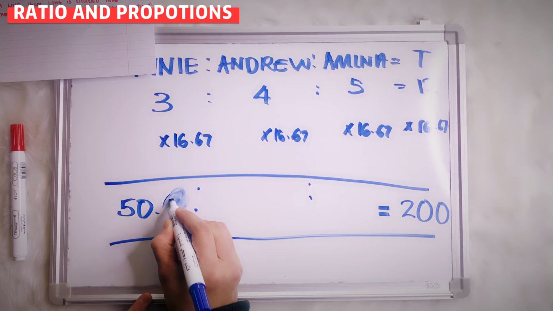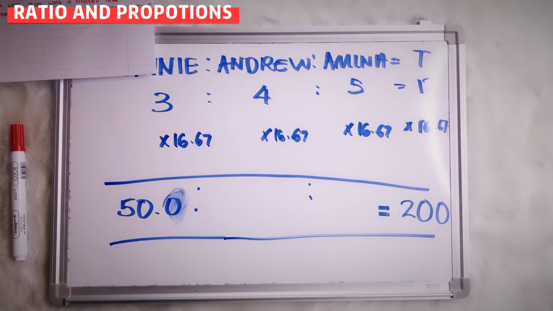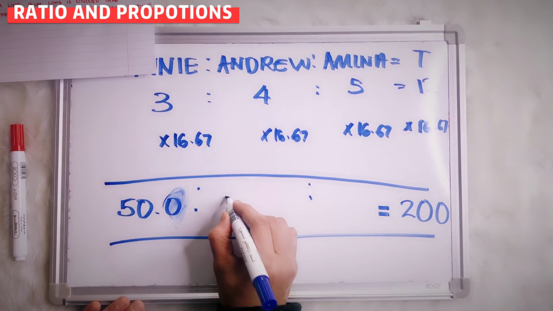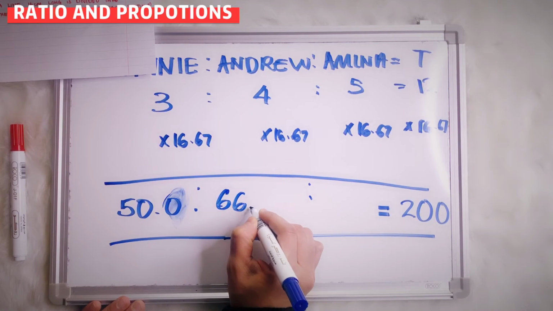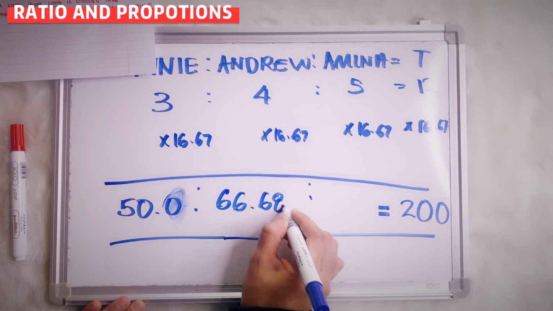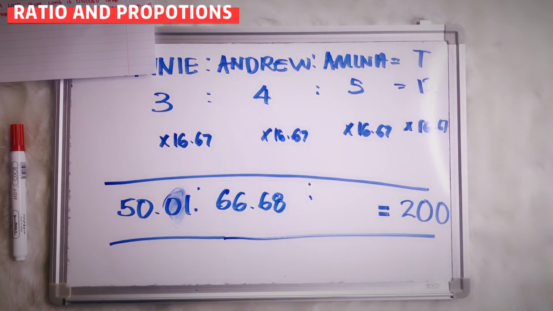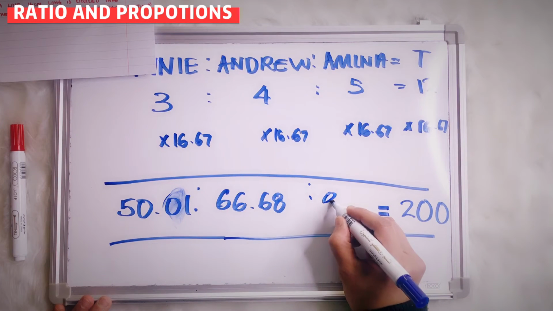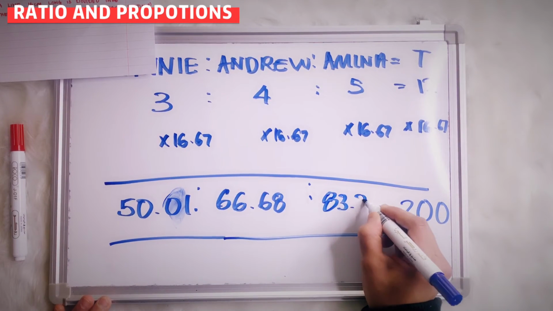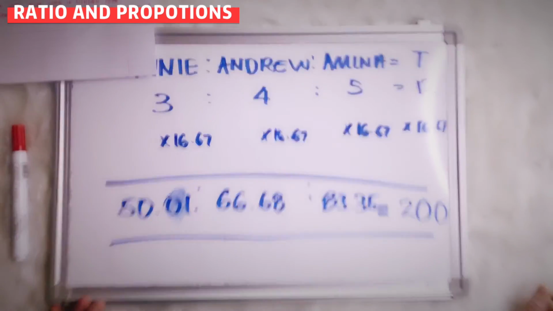I just put here 50. Now 16.67 multiplied with 4, you will have 66.68. I put here. So the next one is 5 multiplied with 16.67, you will have 83.35.